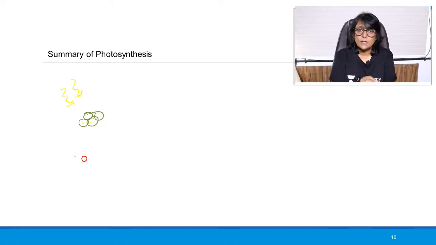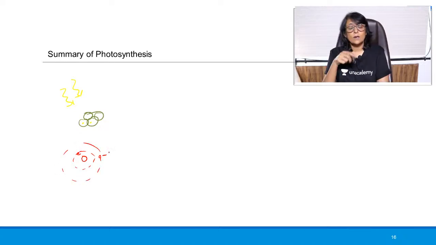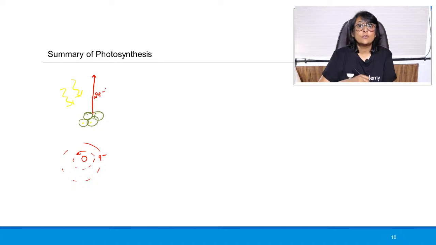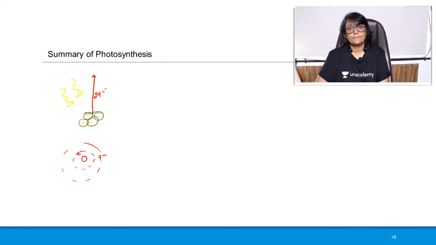There is a nucleus in the atom, then you have these energy shells, and here there are electrons which are moving. So when there is excess energy, these electrons get excited and they move from lower energy level to higher energy level. So from this chlorophyll, a pair of electron gets excited.